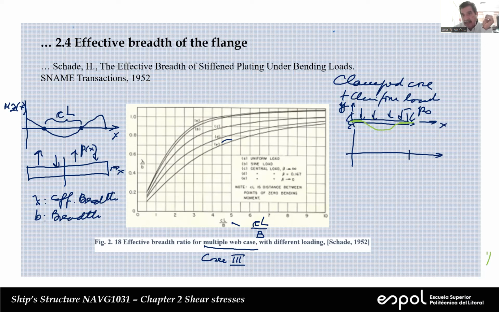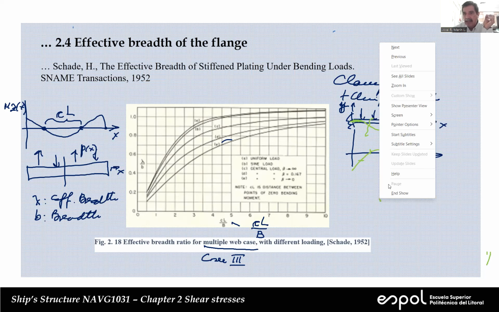We can see immediately that in some regions the beam is sad, here in the central part the beam is happy, and on the right the beam is sad again. So the bending moment has to be negative in this region, positive here, and negative again here. So we're going to have something like this.